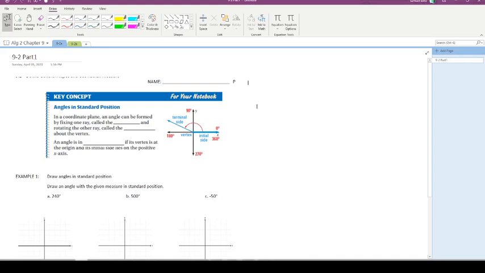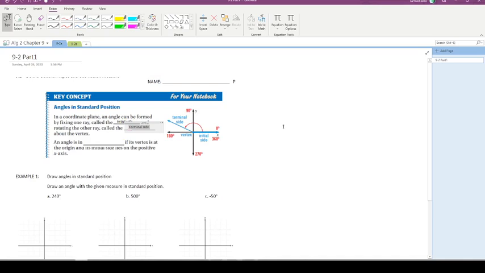So let's talk about angles in standard position. An angle in a coordinate plane can be formed by fixing one ray called the initial side, and rotating the other ray, called the terminal side, about the vertex.